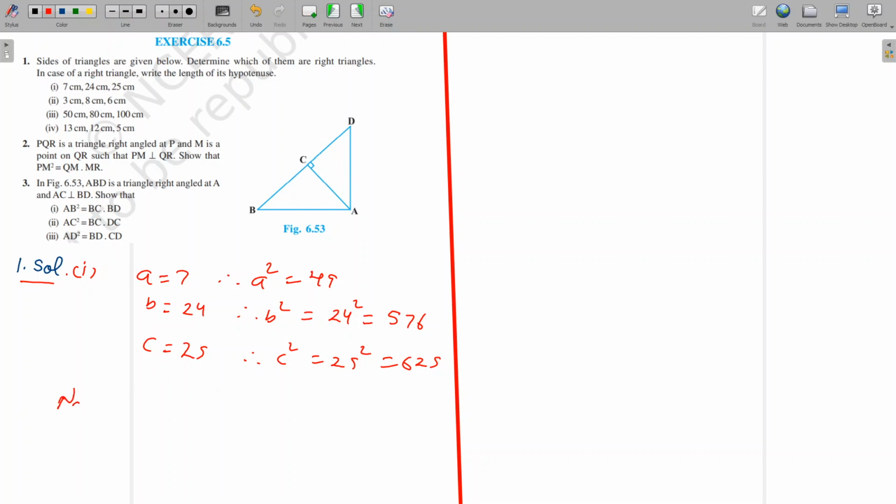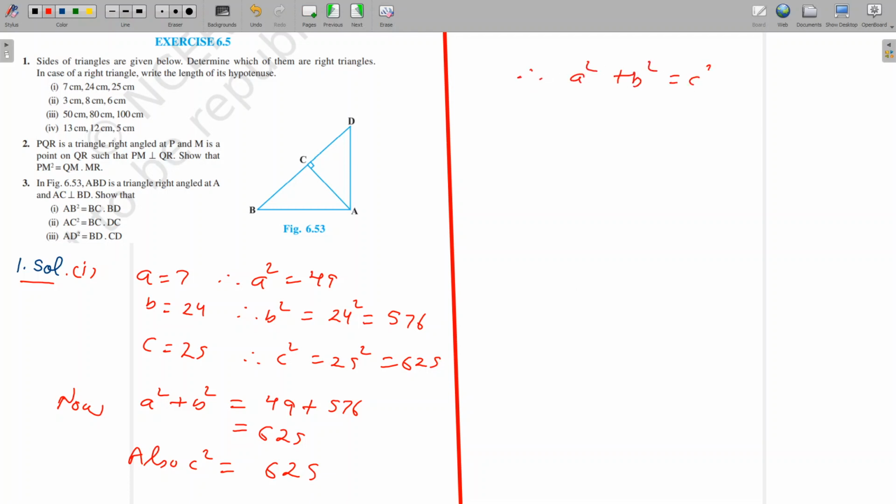Now A square plus B square equals 49 plus 576, and on adding that we get 625. Also C square equals 625. Therefore A square plus B square is equal to C square.